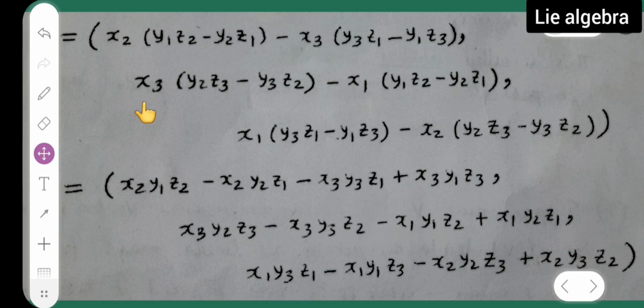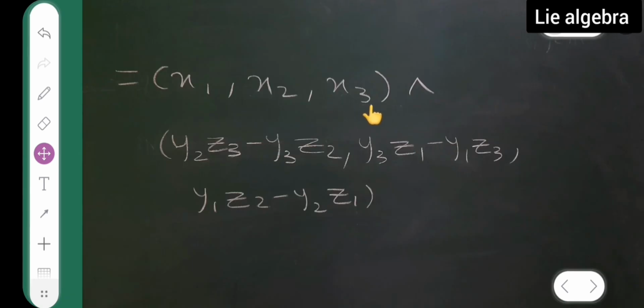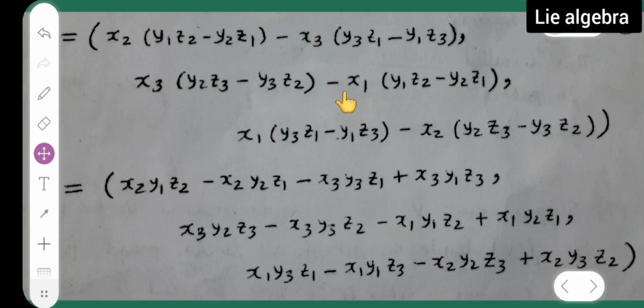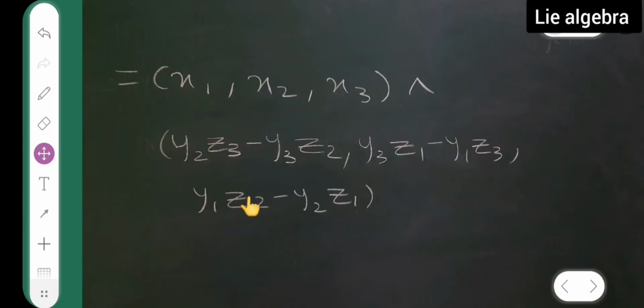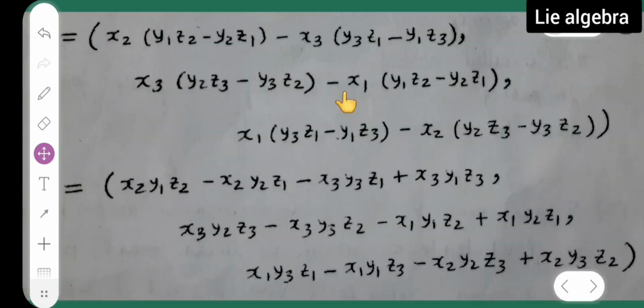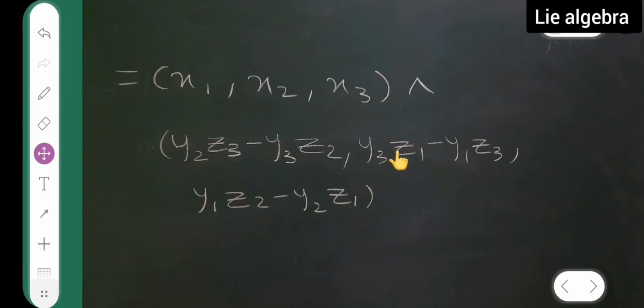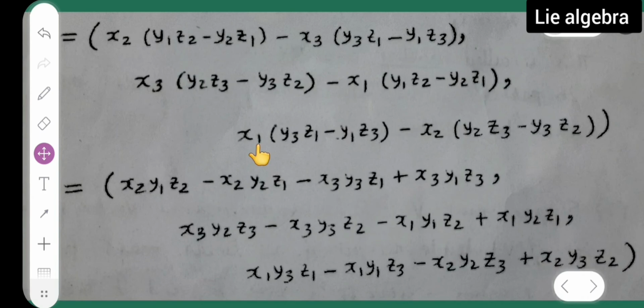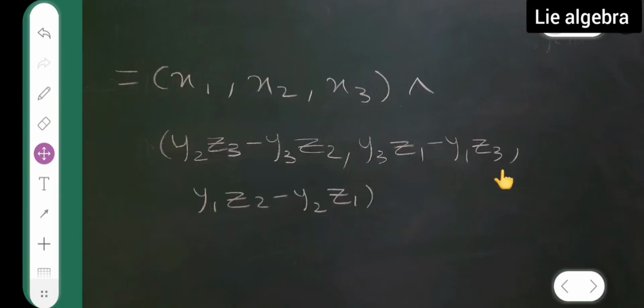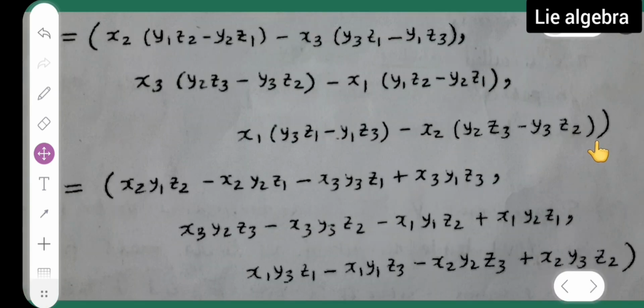Now x3 into y2, so this into this, and next what I have to do is minus x1 into this, comma, x1 into this, and then minus x2 into y2 z3, this. Then put a bracket.